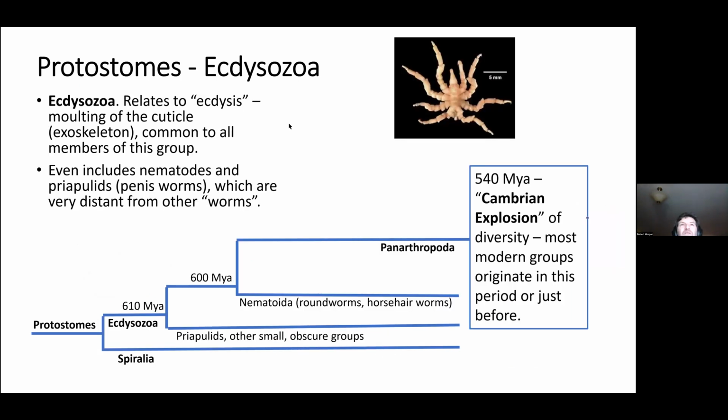Now, the other group is an interesting one. So you've only got a couple of minutes left. What's called the ecdysozoa, and this relates to the fact that they shed their skeleton, like the way crabs shed their exoskeletons. So you can find some discarded crab shells that the new crabs have grown out of and discarded.